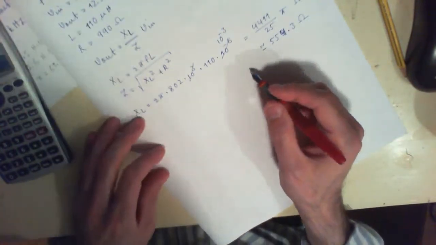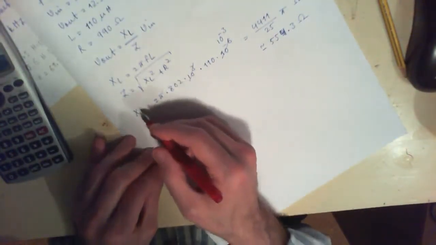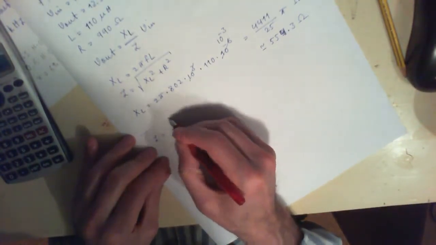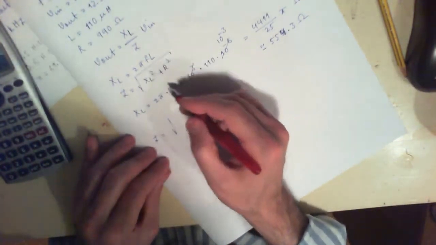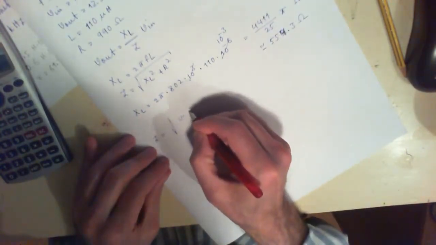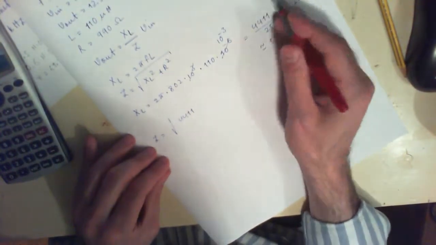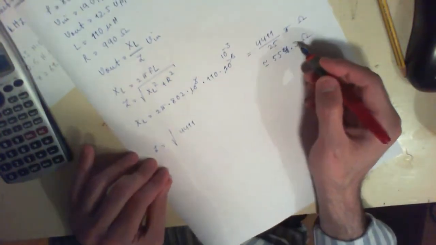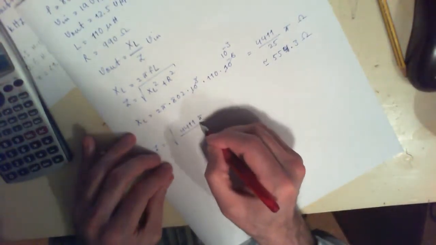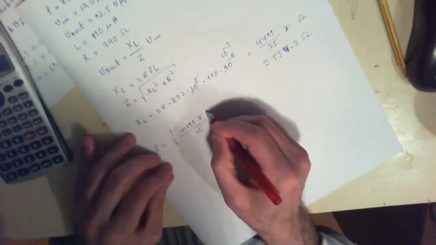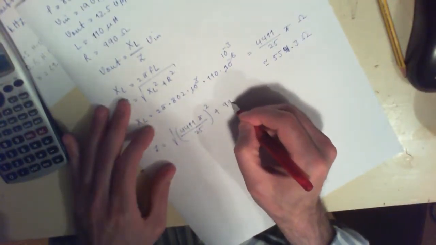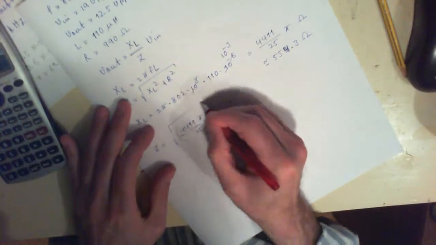Now your impedance over here is equal to the square root of X of L squared plus R squared. X of L is equal to this value, 4411 pi over 25. It's always better to use such values rather than the rounded values. So 4411 pi over 25 whole squared plus R squared, which is 990 squared.